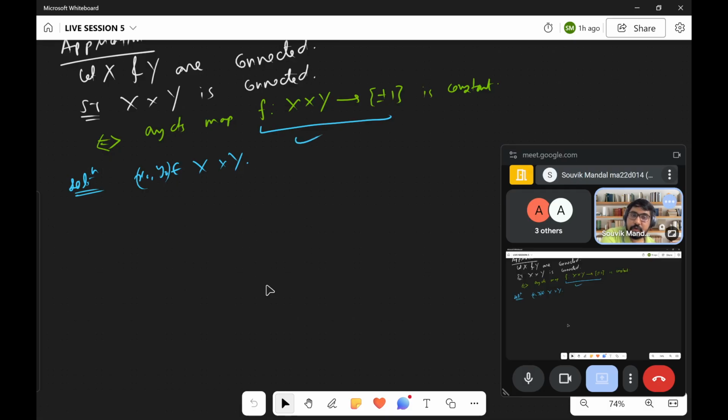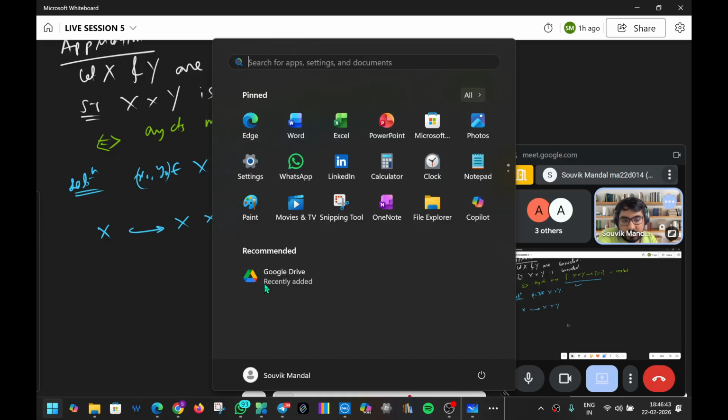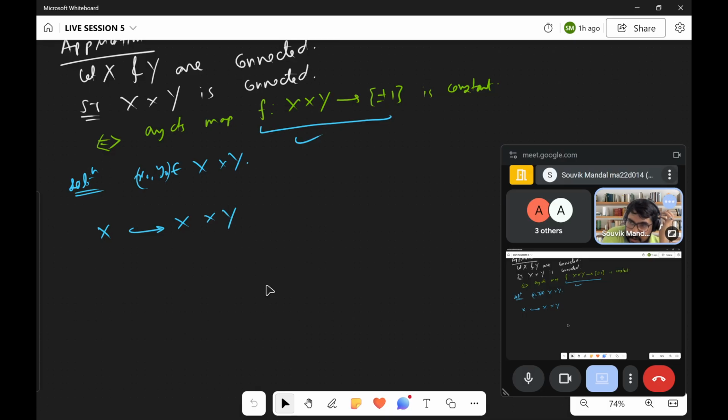We need to show it's constant. What we can do is consider two functions. The point is that we need to create functions from X to plus minus 1 and Y to plus minus 1 from the given function f. So one way is to compose with the inclusions.